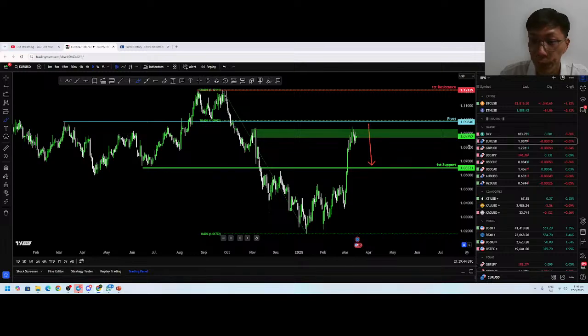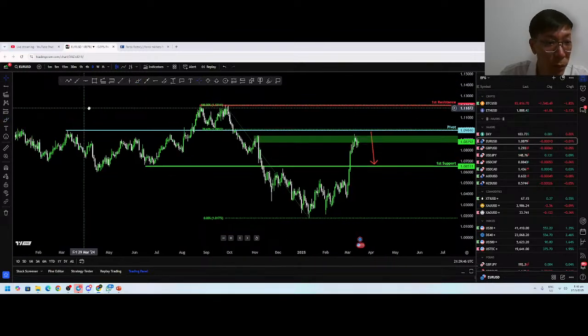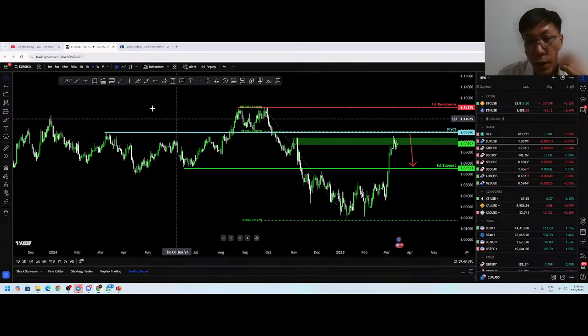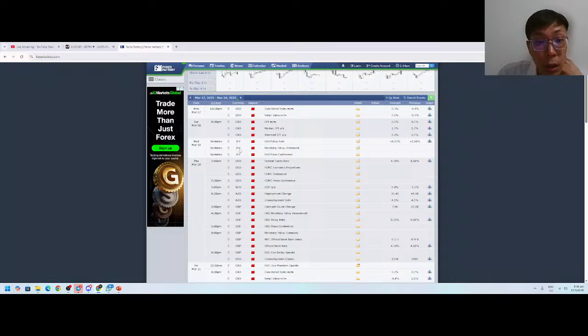So I think euro dollar will be quite interesting this week, especially when we have FOMC on Thursday. Apart from that, I think core retail sales won't really affect the markets that much.